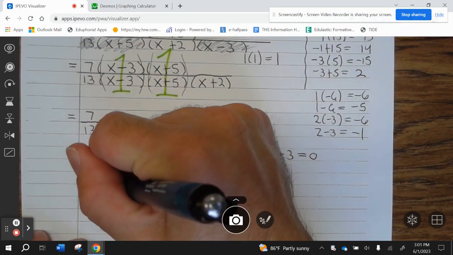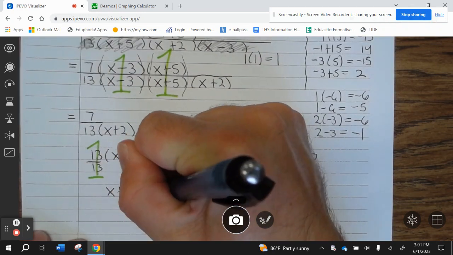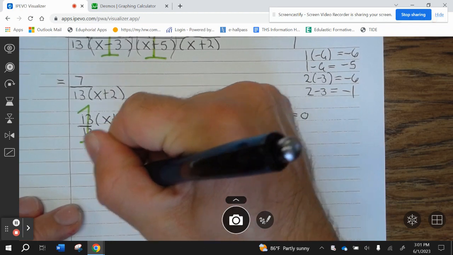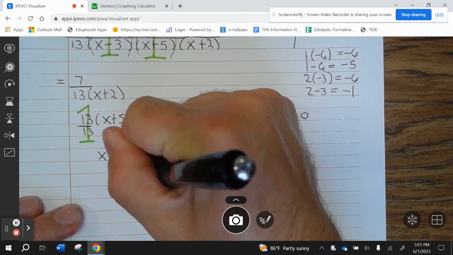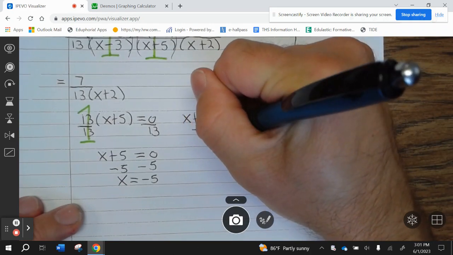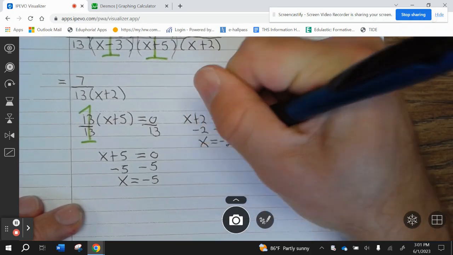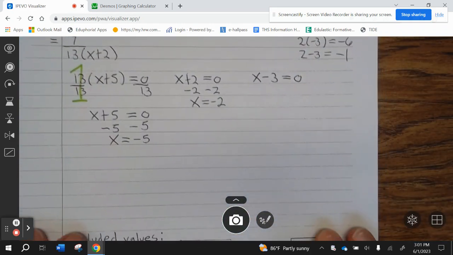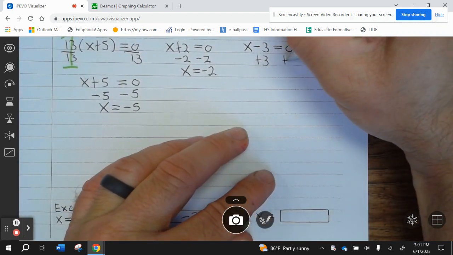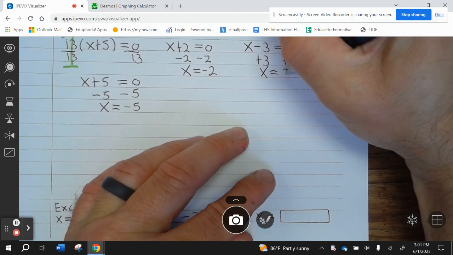You're left with x plus 5 equal to 0. Subtract 5 from both sides. X equals negative 5. Subtract 2 from both sides. X equals negative 2. And add 3 to both sides. X equals 3.